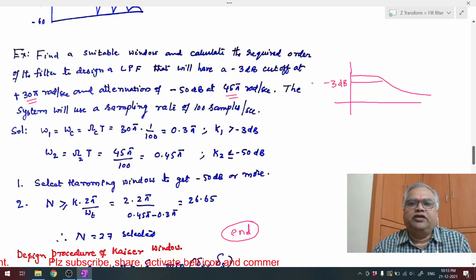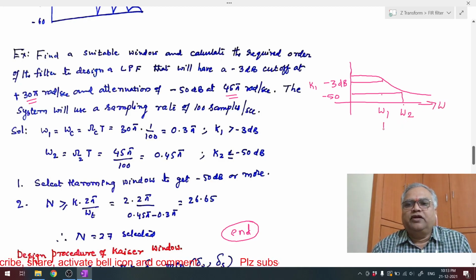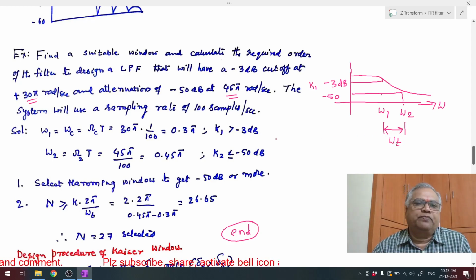Minus 3 dB is K1, and K2 is minus 50 given, corresponding to this omega 1 and this omega 2. They are the digital frequencies, and this gap is the transition width omega t.